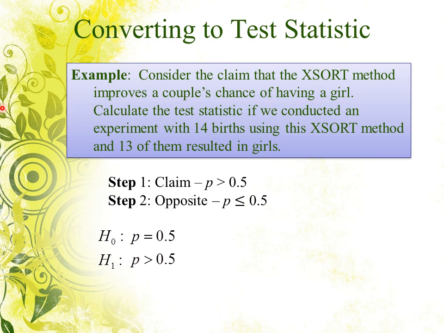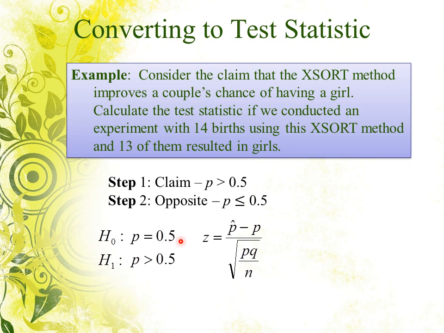So now to calculate the test statistic, we just have to plug in what we know from our sample and what we're using from our claim. So that is p hat we would get from our sample statistic, 13 divided by 14. P is going to be our claimed proportion, or rather our null hypothesis proportion.